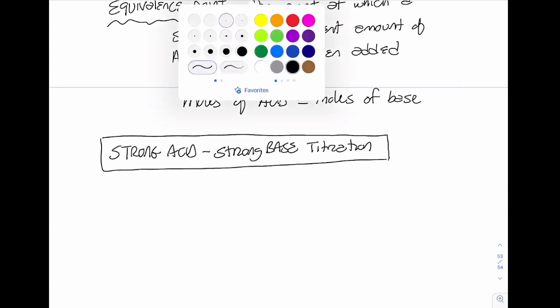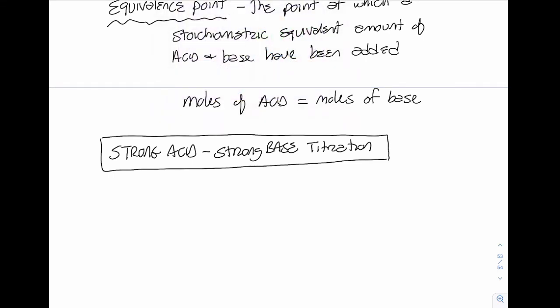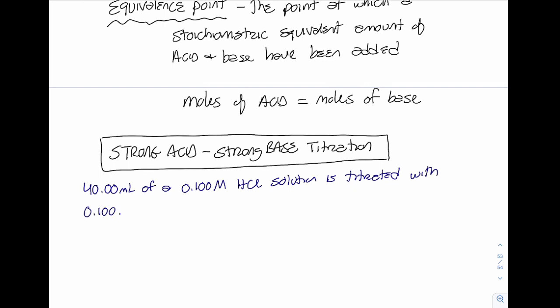And then our problem: we're going to have 40.00 milliliters of a 0.100 molar hydrochloric acid solution is titrated with 0.100 molar sodium hydroxide.